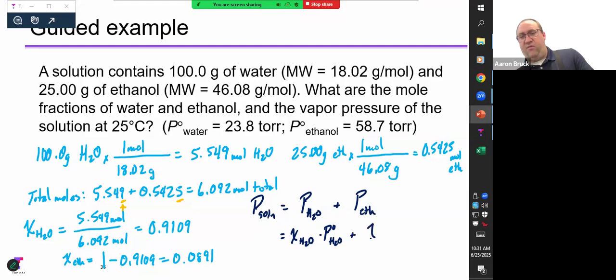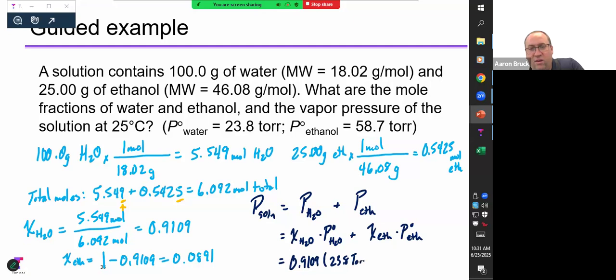And then the same thing for the ethanol, its mole fraction times its vapor pressure. Plugging in my values, 0.9109 for the mole fraction of water and the 23.8 torr that they gave me for the vapor pressure.